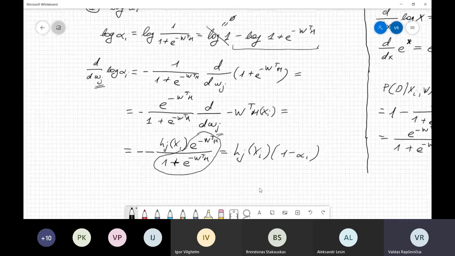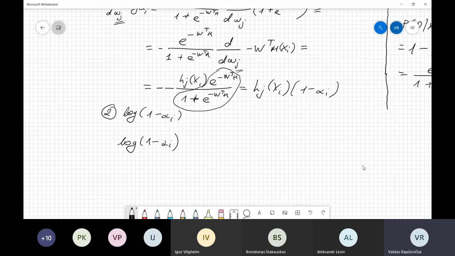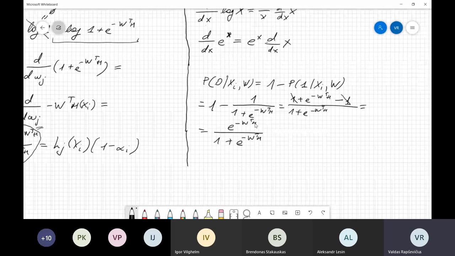Okay, so let's do some simplification again. This is the second term, and it looks like log of 1 minus alpha i. This can be simplified as well: we can express 1 minus alpha i as this expression.